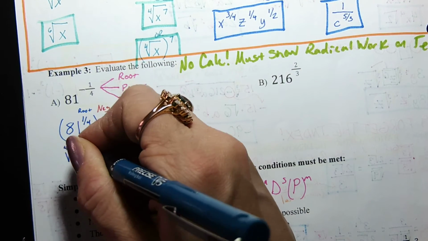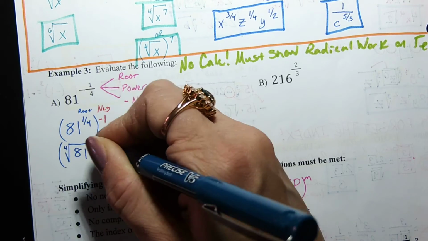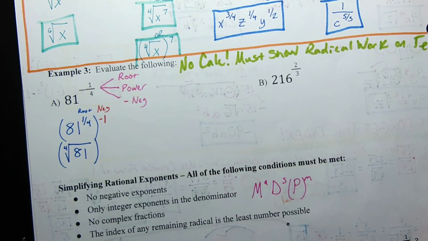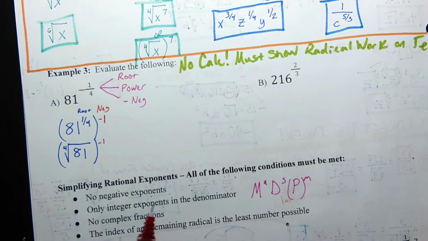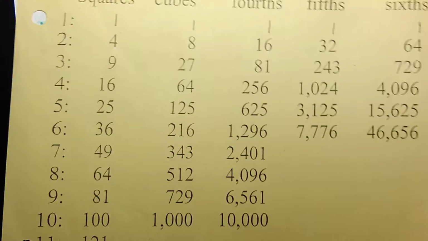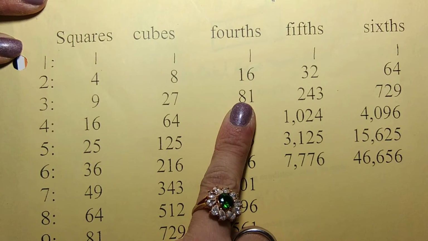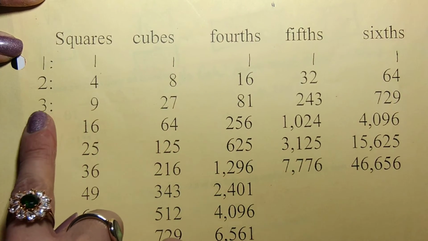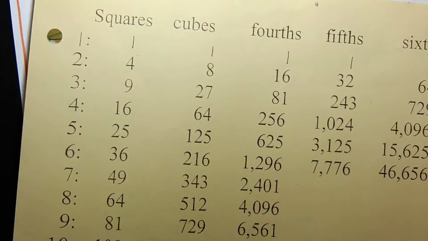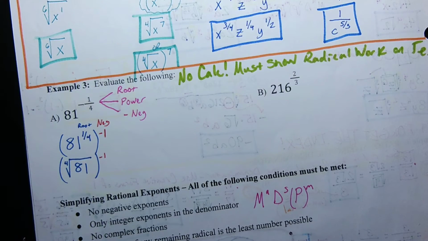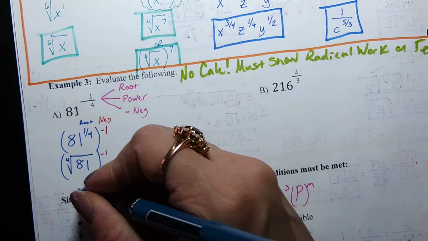The 4th root of 81. So this is where I would want to go to my perfect sheet and say, what is the 4th root of 81? It is 3. So the 4th root of 81 is 3.